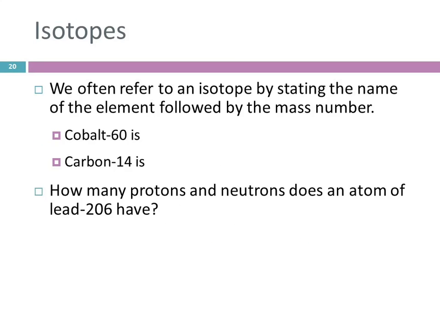We often refer to isotopes instead of using the atomic notation symbolism, which is a royal pain on a computer. You have to go into the math editor to do that stacked superscript, subscript thing on the left. So a more common way to refer to these is by the element name followed by the mass number. So cobalt-60.